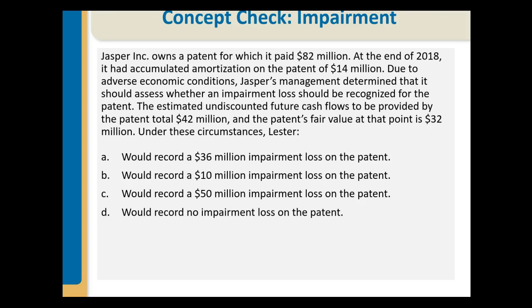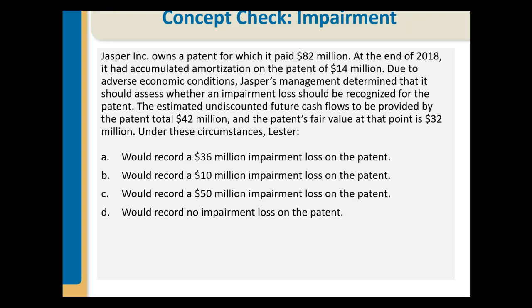Now another concept question for impairment. Jasper owns a patent for which it paid $82 million. At the end of 2018, it had accumulated amortization on the patent of $14 million.